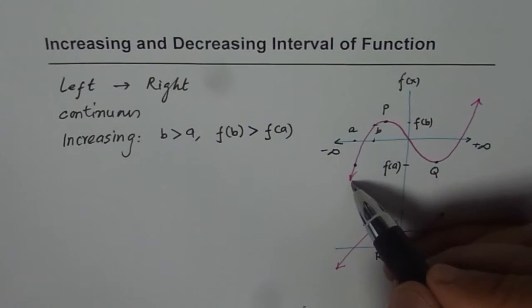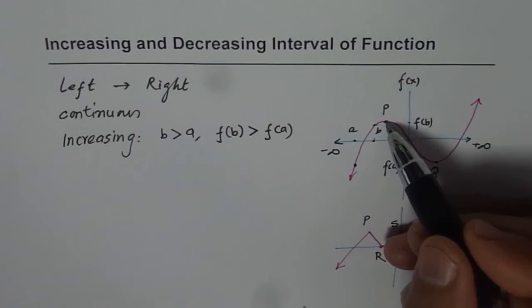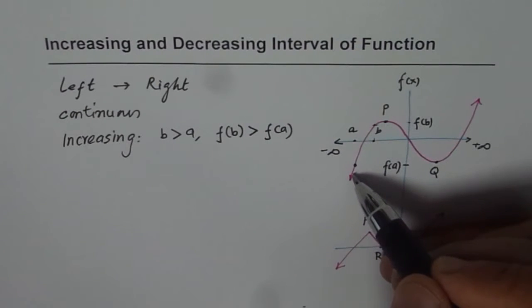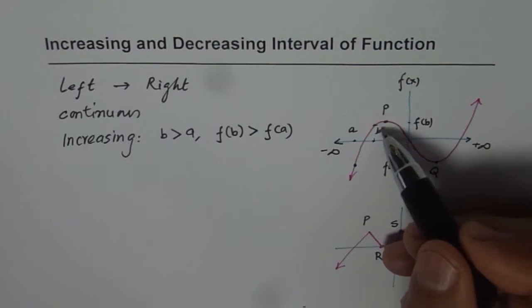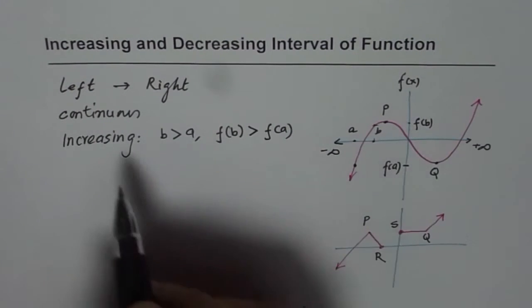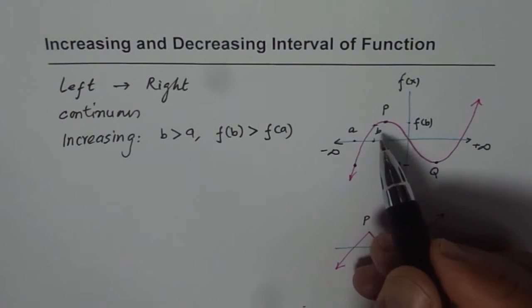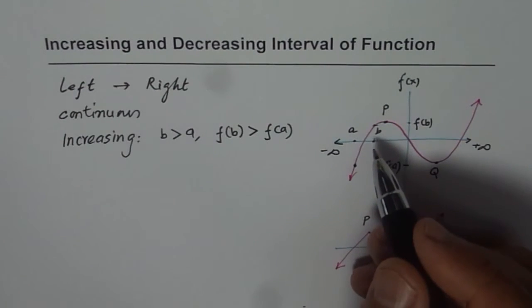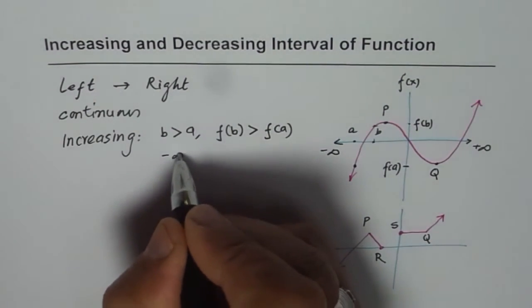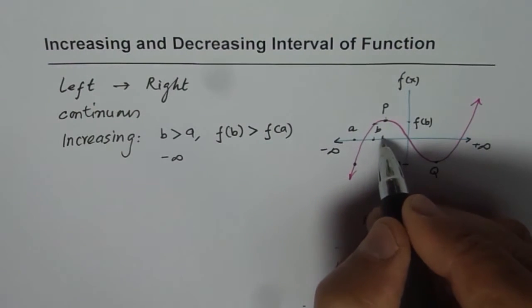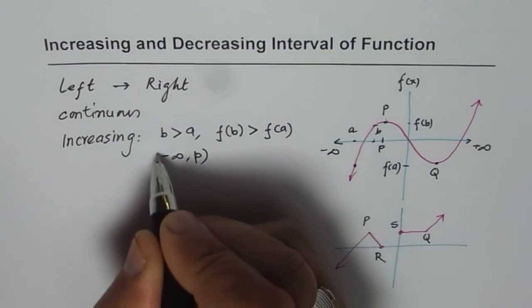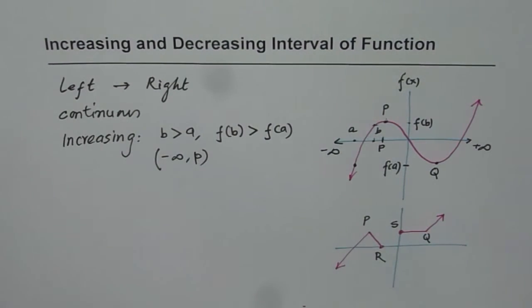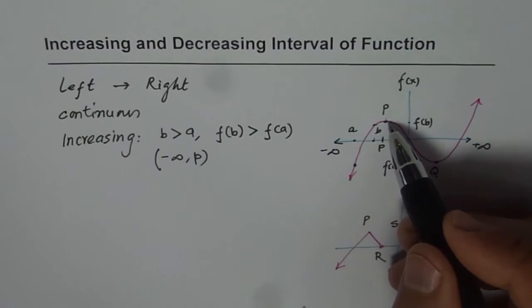So if you observe from minus infinity to p, the function is always increasing since the point on the right side has a higher value, right? So b is a point on the right side on the curve. So we'll say the increasing interval for the first function given to us is from minus infinity to p, right? So let me call this point as small p. So from minus infinity to p, the function is increasing. And thereafter, it decreases till q.